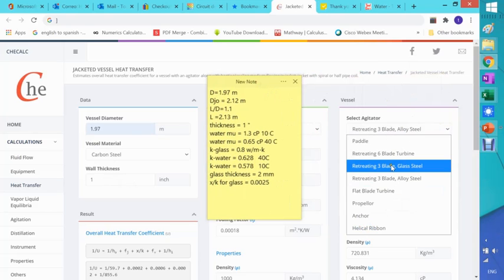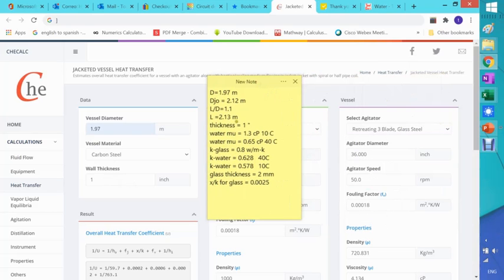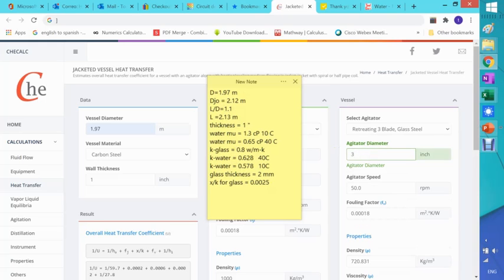Let's change this to glass-lined steel. How about the diameter of the agitator? It's not here. It's not on my sticky note. But I remember, I think it was 33.5 inches. Actually, I can double check.